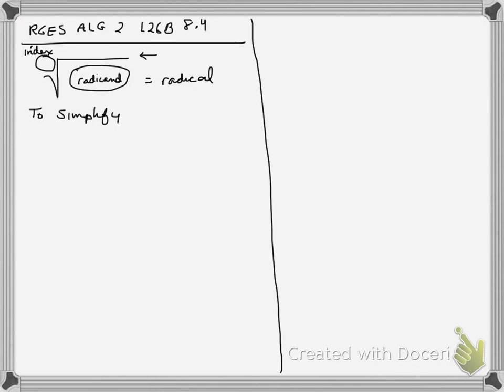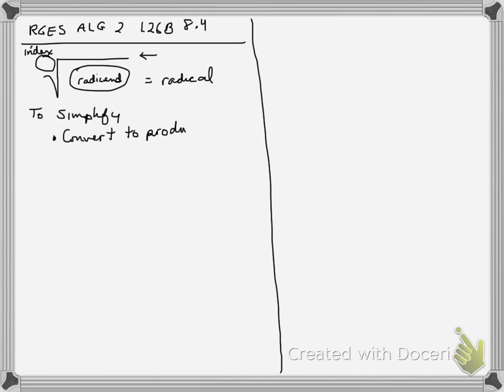But before we get to that, in these first examples, if you have a large number under the radical sign, you are going to convert it to the product of primes. So we'll talk about that first.